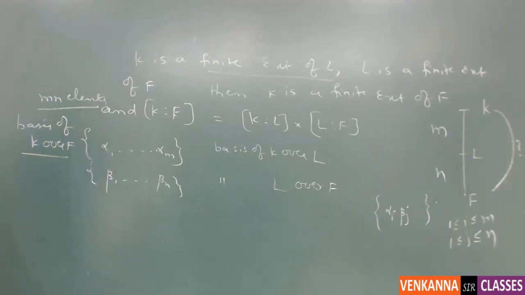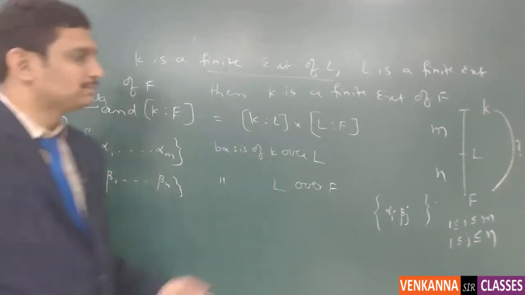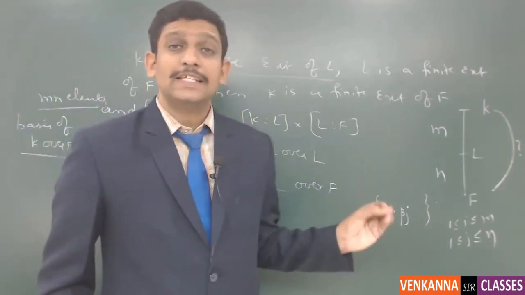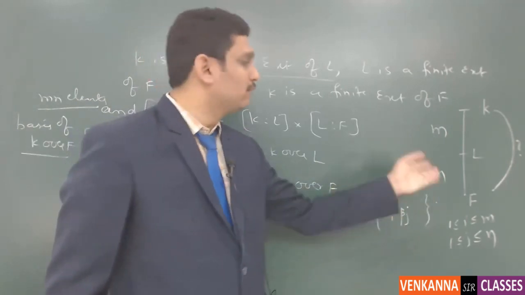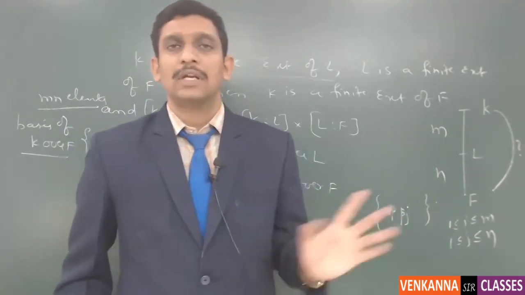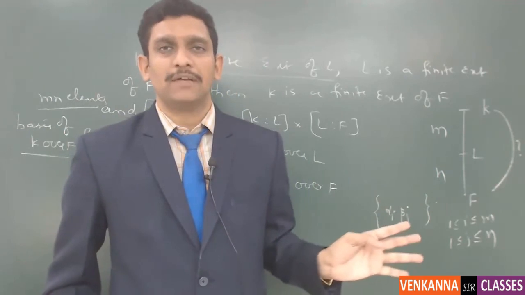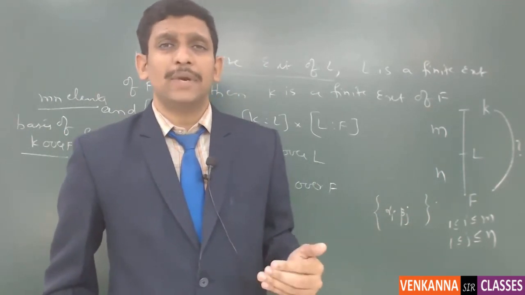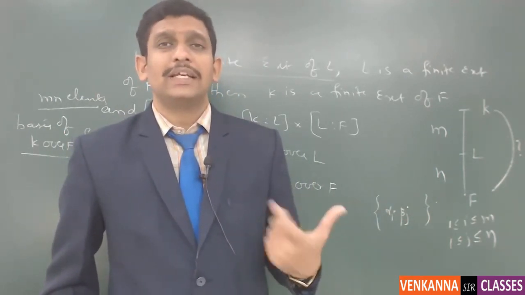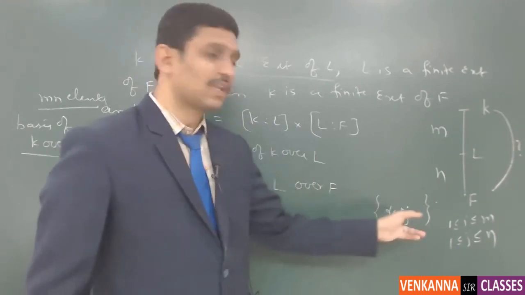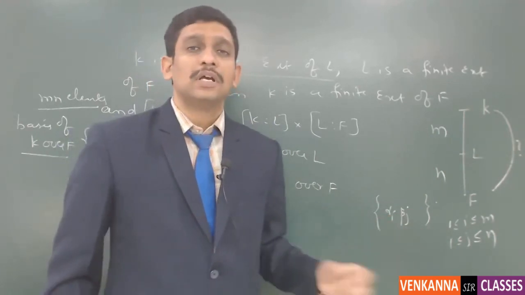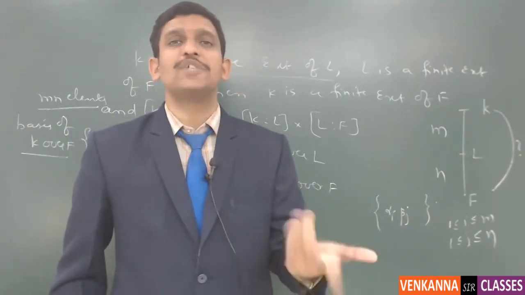Now, first of all, we have to show that this is a spanning set for K over F, that is one, and this is linearly independent. So what is meant by linearly independent? If you write a linear combination with these values, the scalars in that must always be 0.